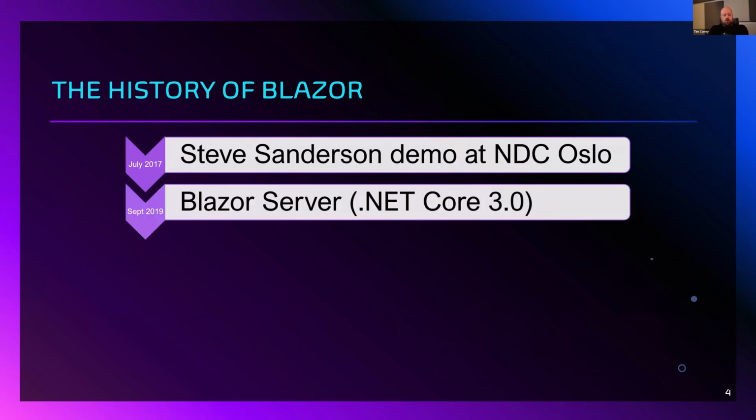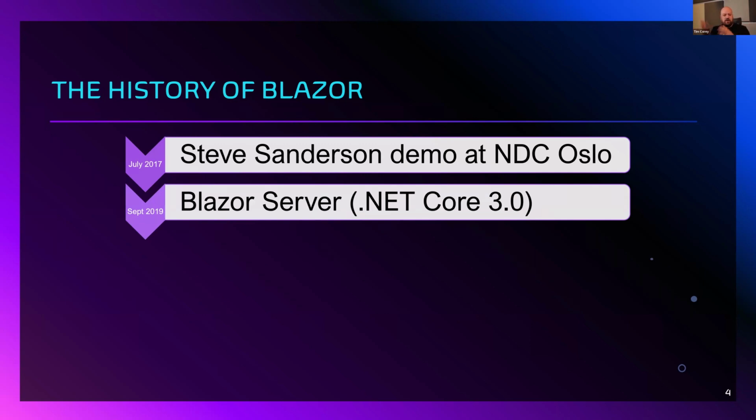Out of that, two years later, in .NET Core 3.0, we got Blazor Server, which is not the same thing. Blazor Server, and we'll talk more of this in the terms, is the idea that all of your code runs on the server, but you have a SignalR connection to the client. What that does is it allows the rich client-side interactivity of, say, an Angular, React, or Vue, but all of your code stays on the server.